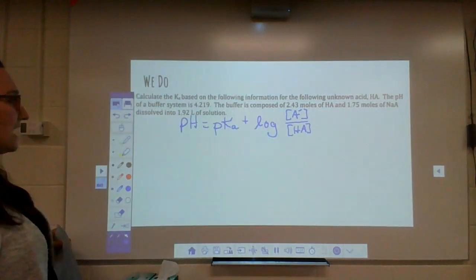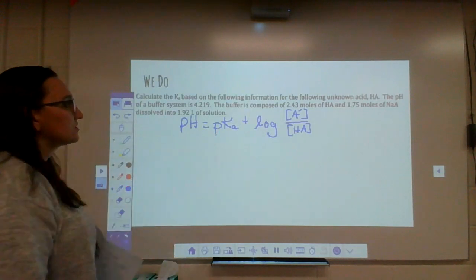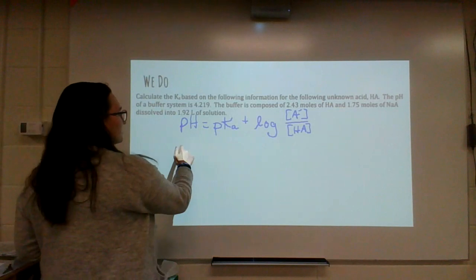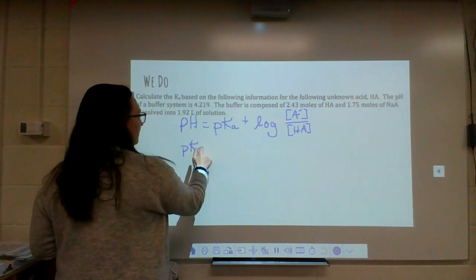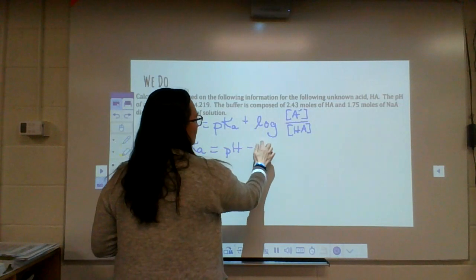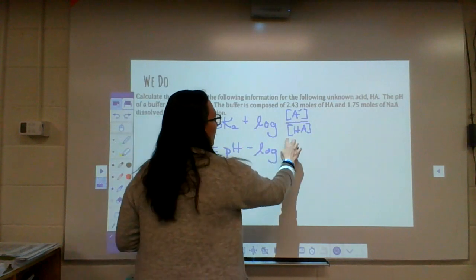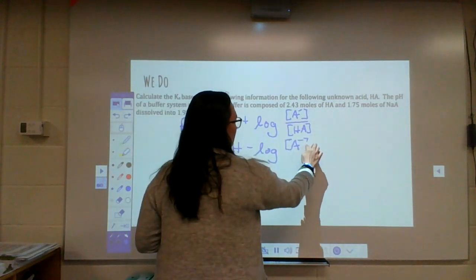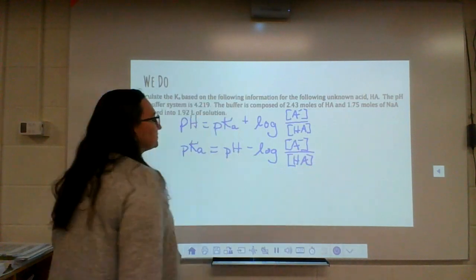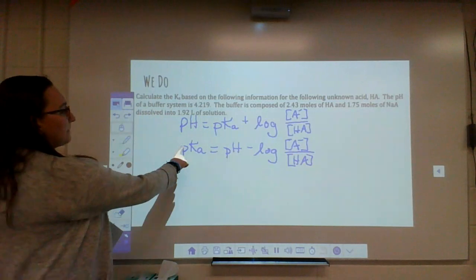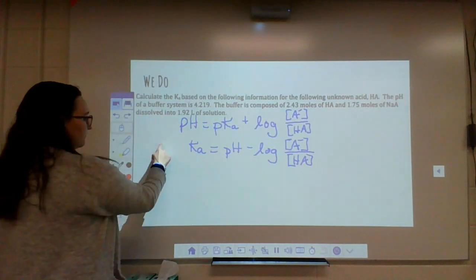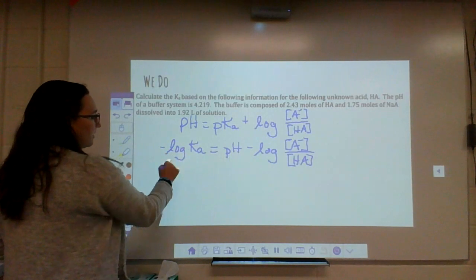Now I want to calculate Ka, which means that I need to solve for pKa. So I'm going to rearrange this equation. So pKa is equal to the pH minus the log of the concentration of A minus over the acid. And then pKa is equal to the negative log of Ka.